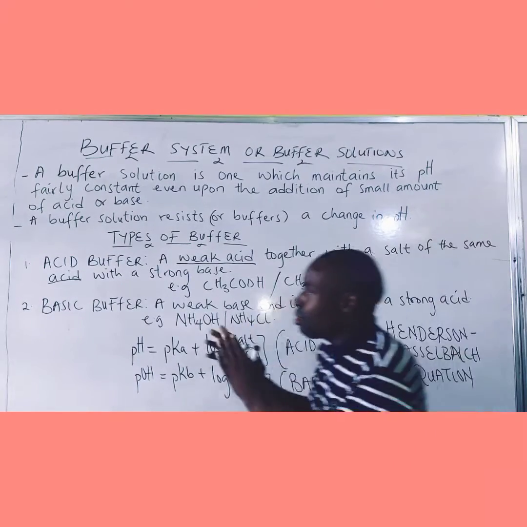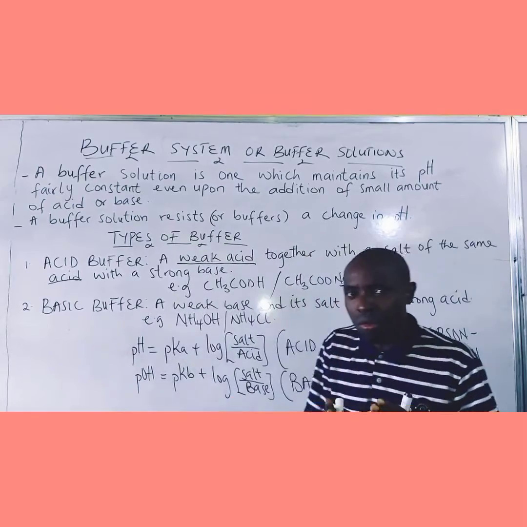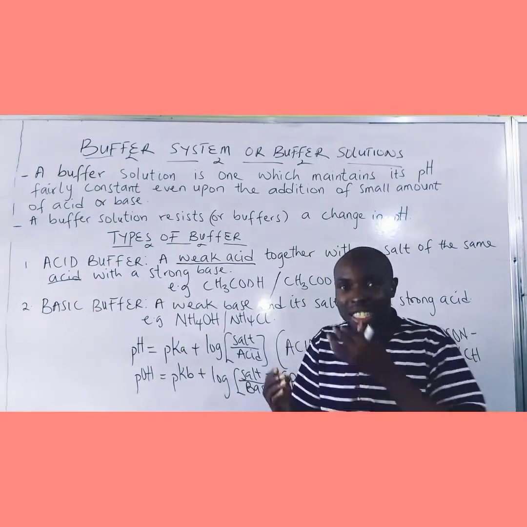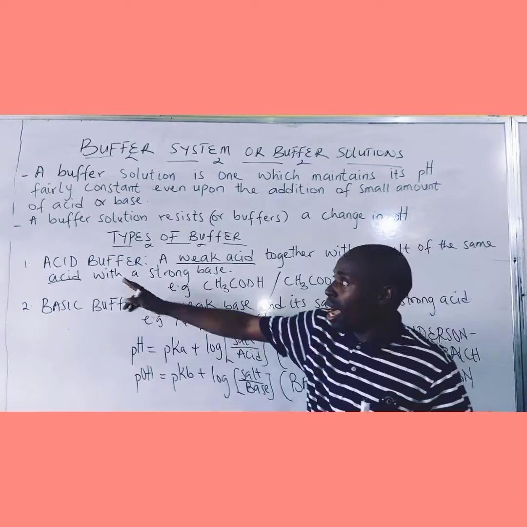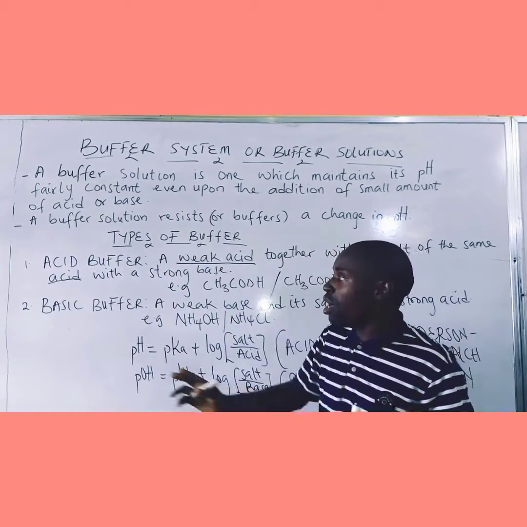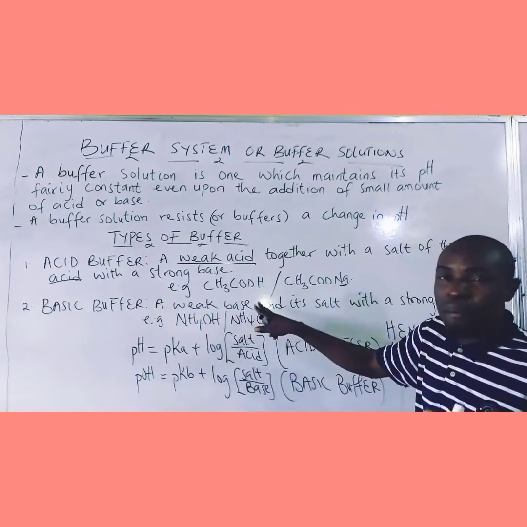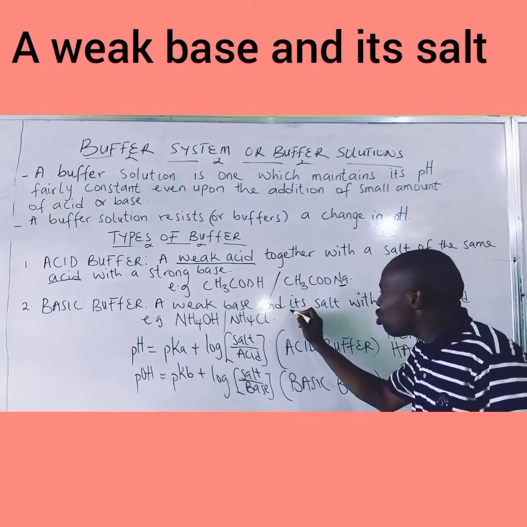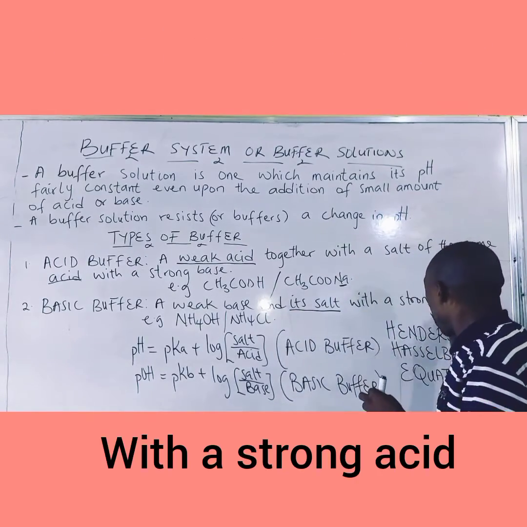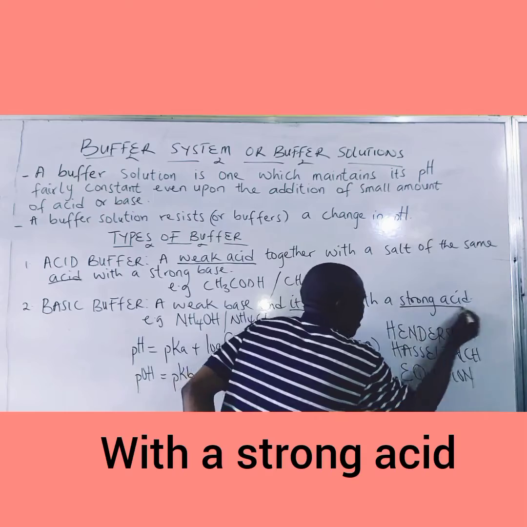And secondly, a basic buffer is the reverse, or similar to an acid buffer. In the case of a basic buffer, we have a weak base and its salt with a strong acid.